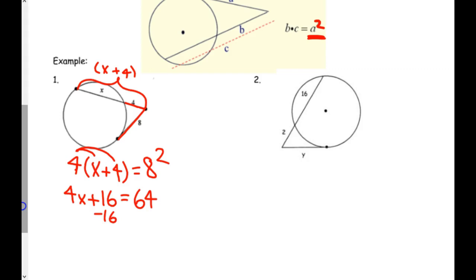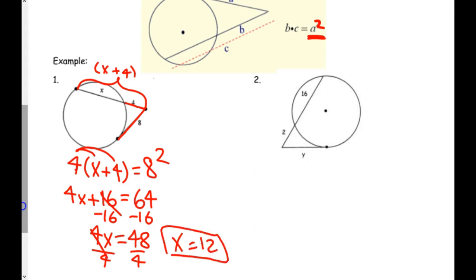Minus 16. And we get 4x equals 48. And my last step to get rid of that 4 is divide. What do I get? 48 over 4 is 12.